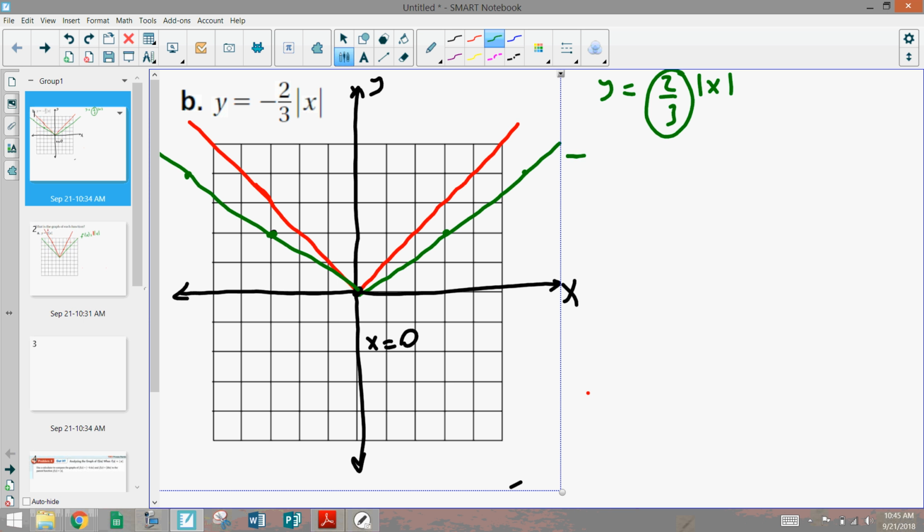That is the graph of this, but we don't need this. What we need is y equals negative. So if you make this negative, what do you need to do? Reflect across the x-axis. So basically you're going to get the green one.